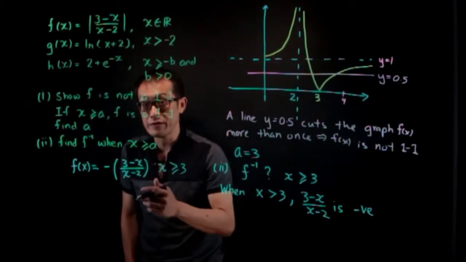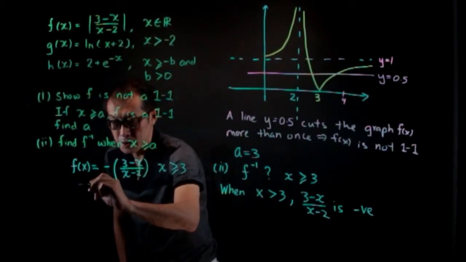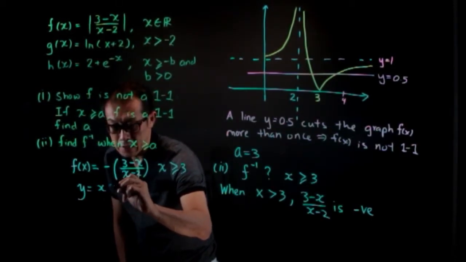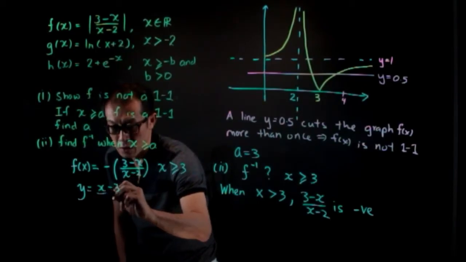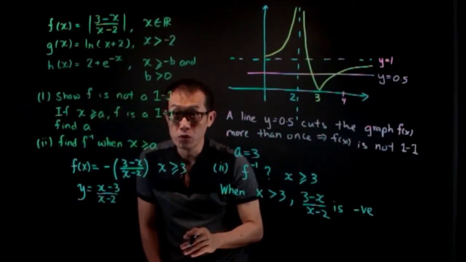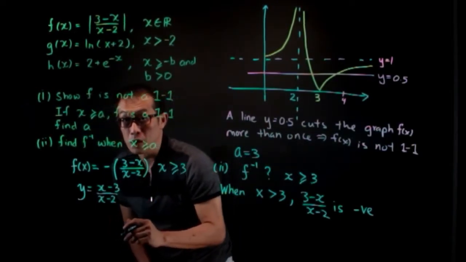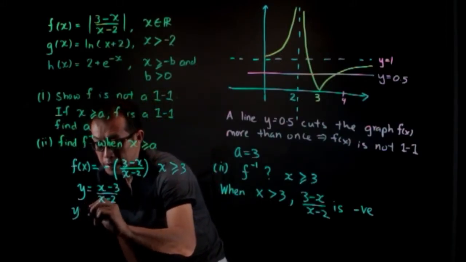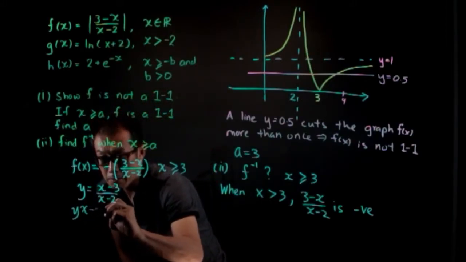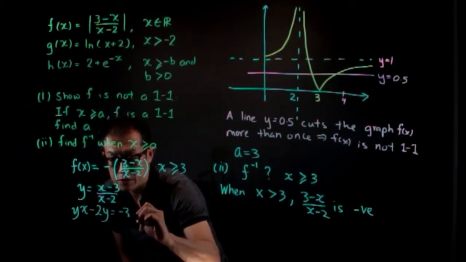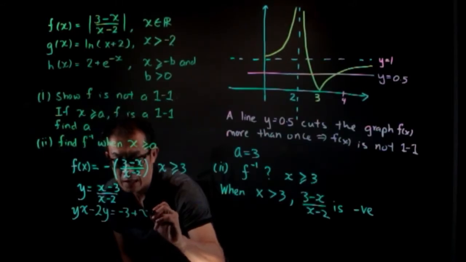Now to find the f inverse is very simple. You just equate y to it. So the top will be x minus 3 over x minus 2. Now if you do a cross multiply, you will have yx minus 2y equals minus 3 plus x.